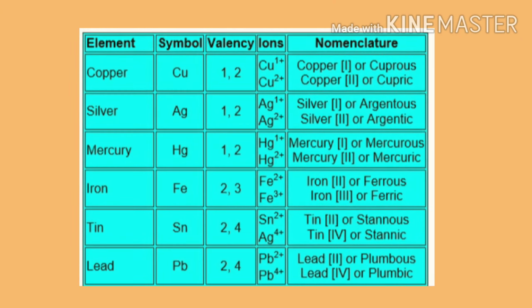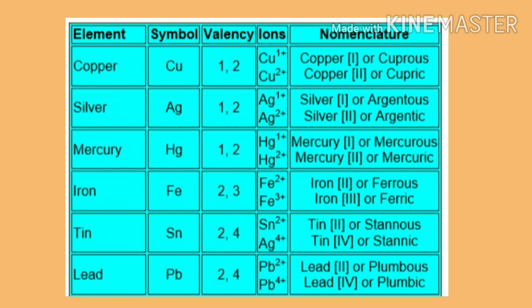Some examples of variable valency are here. See here, in the table you will get some examples of variable valency. First see copper. Copper's valency is 1+ and 2+. You remember that in variable valency, the lower valency ends with OUS and the higher valency always ends with IC.